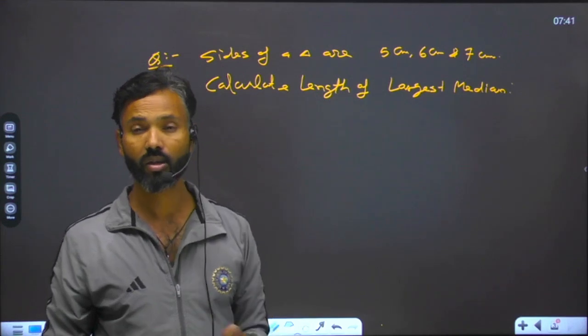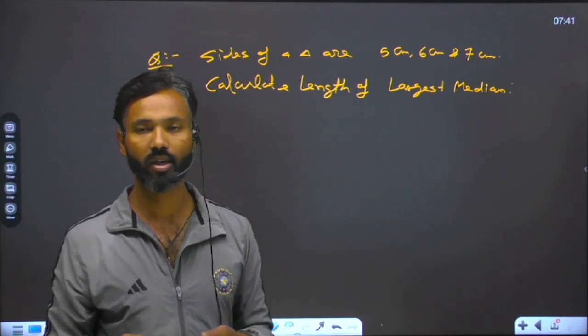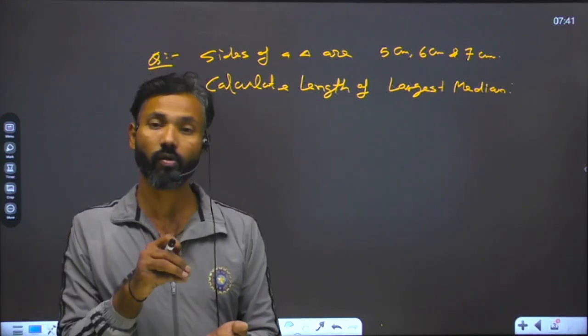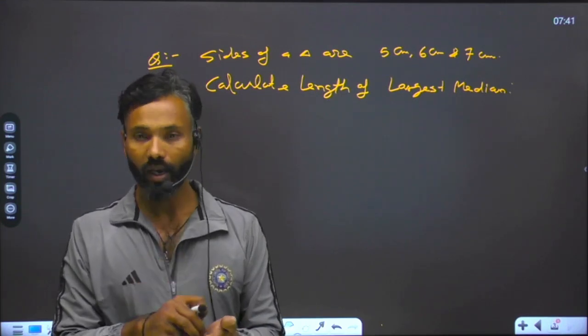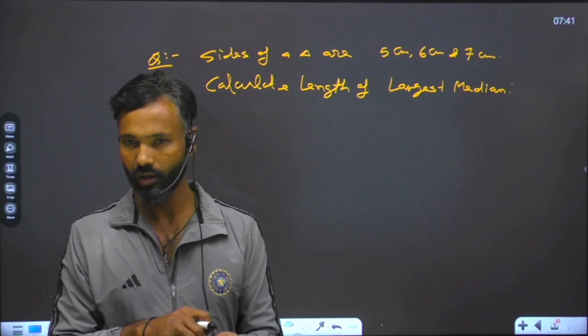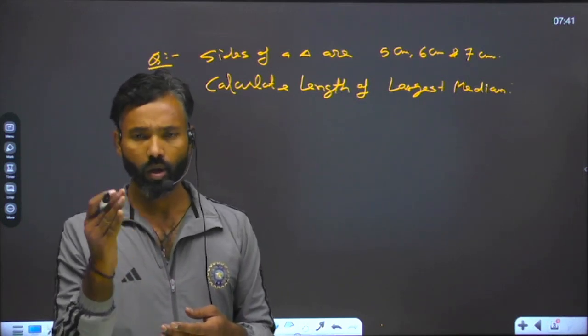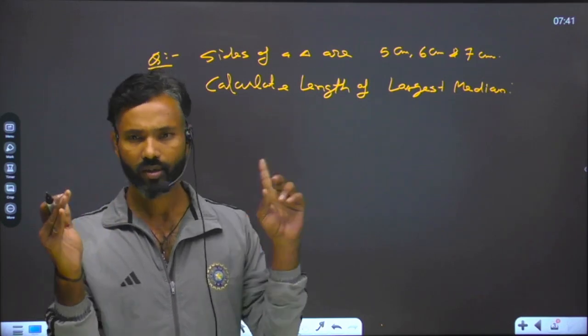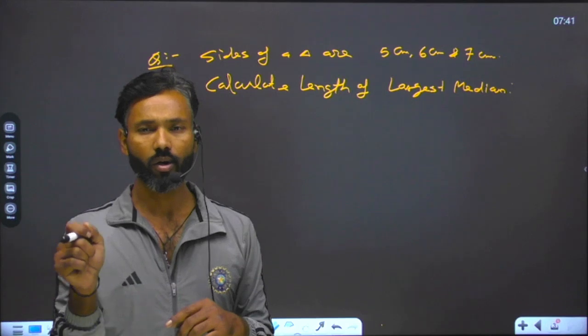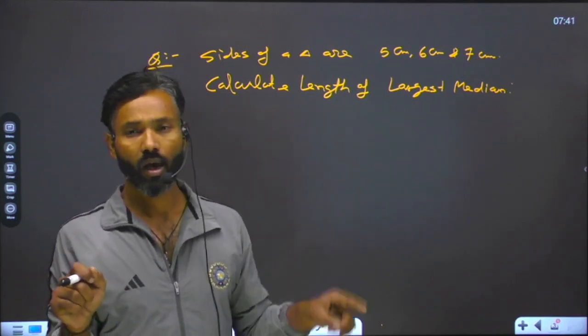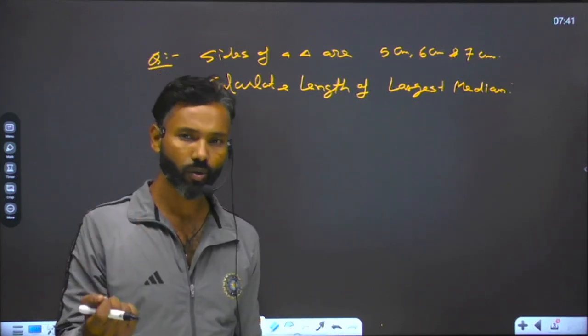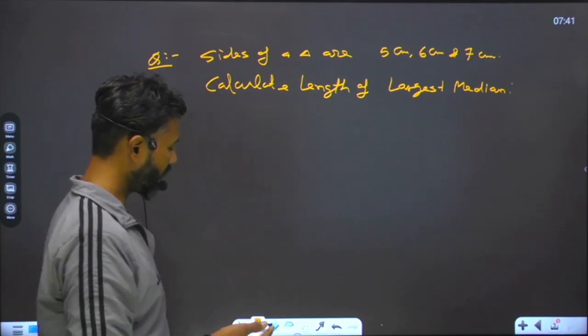The shortest is 5 centimeter, so the largest median will be dropped on the side having length 5 centimeter. According to the formula, we subtract the square of the shortest side and take twice the squares of the other two sides.